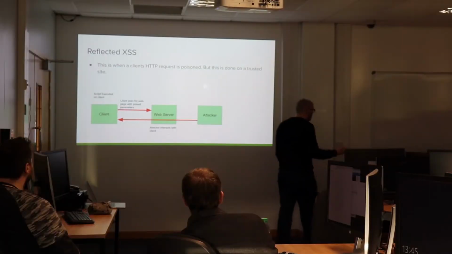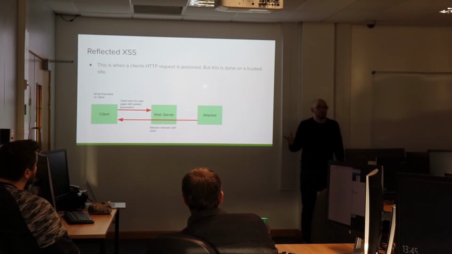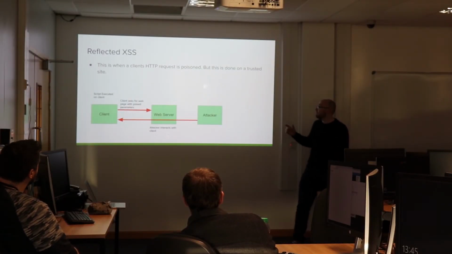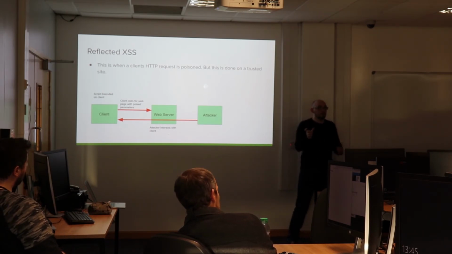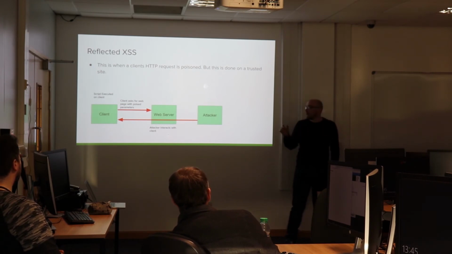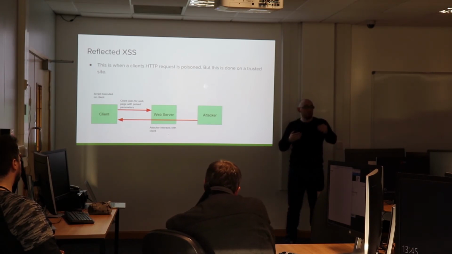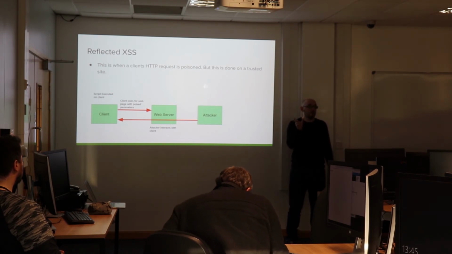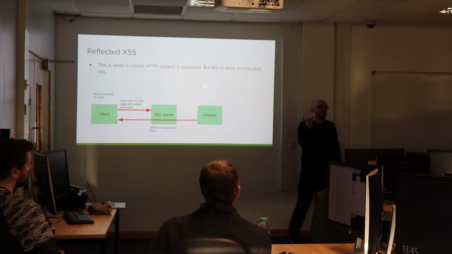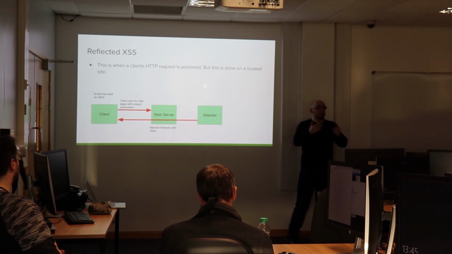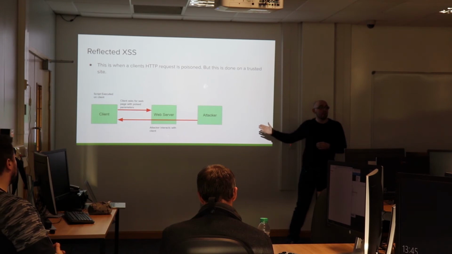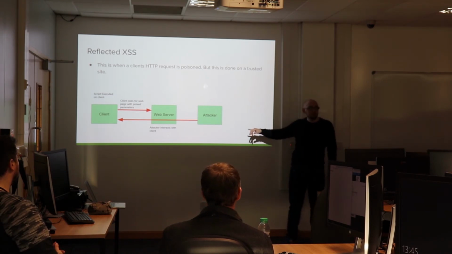Usually you'll do this in a search function. This is when something's taken from a URL or some other user-controlled parameter and is then sent to a normal person. So if I found a search function that in the URL had this cross-site scripting vulnerability, I could send that whole URL to someone, and when they clicked it, it would run the JavaScript on their page when they loaded the website.